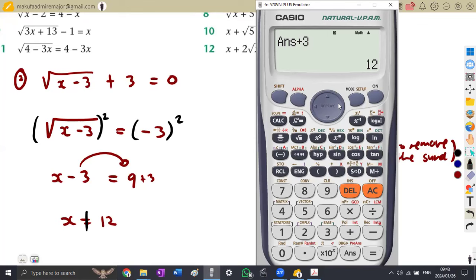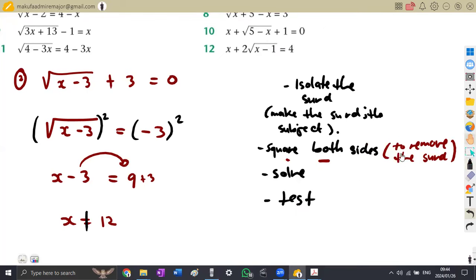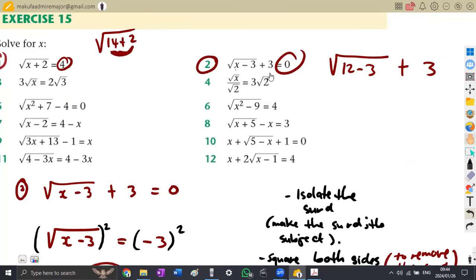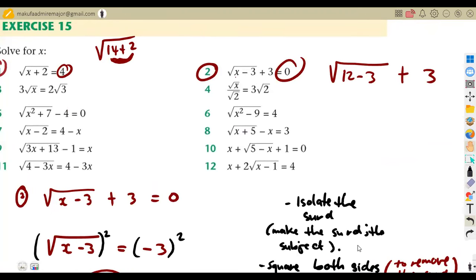But when we substitute it back, we see that we are not having the exact solution that we are supposed to obtain. So this is simply to say that the x that we are having there cannot be equivalent to 12.